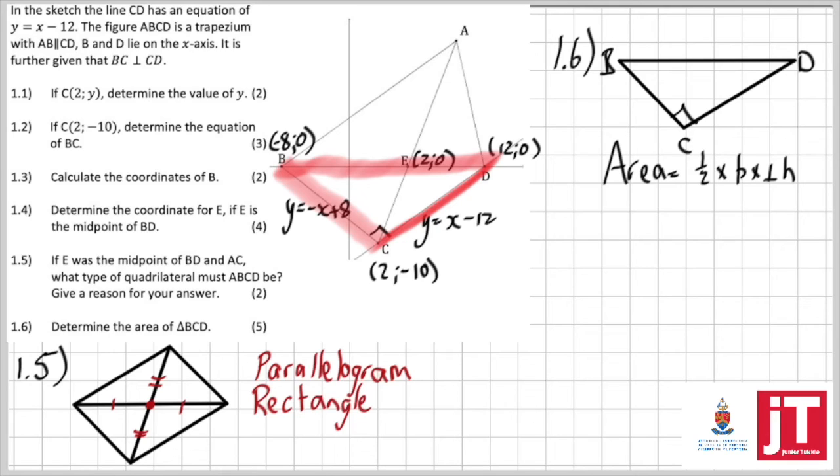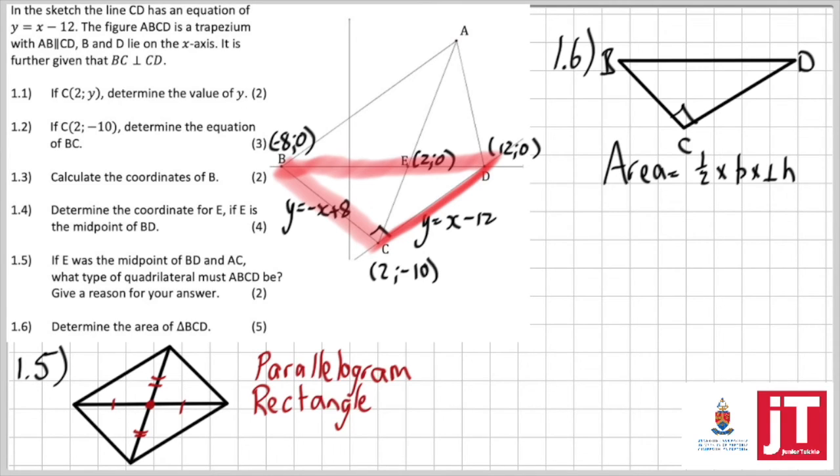To make life easier, I drew this triangle apart, so BCD. I split it from the rest and drew in my 90 degrees. Now if that was a normal triangle, not on a Cartesian plane, what would be the area?